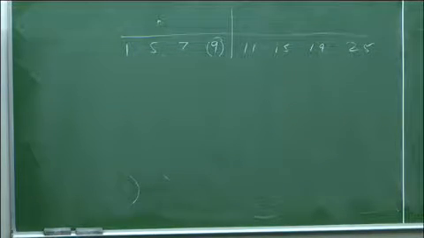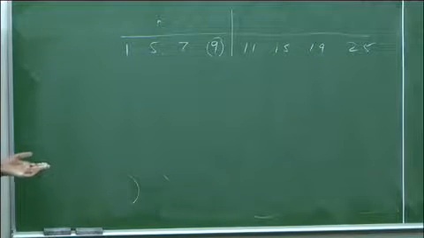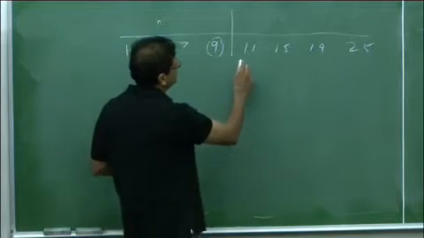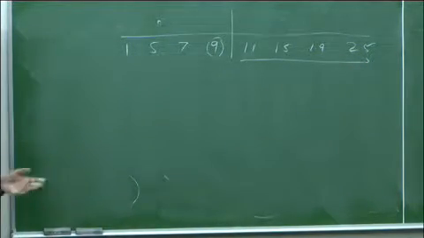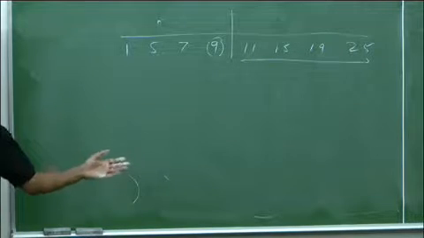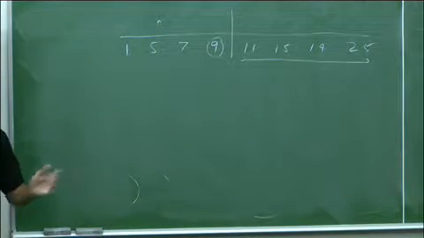There are 3 scenarios, right. Either the number which I am looking for is equal to that element, in that case I found it, I do not have to do anything more. Scenario number 2, the number which I am looking for is less than 9, then I know for sure that I do not need to search the other side at all, I only need to restrict my search to this side.